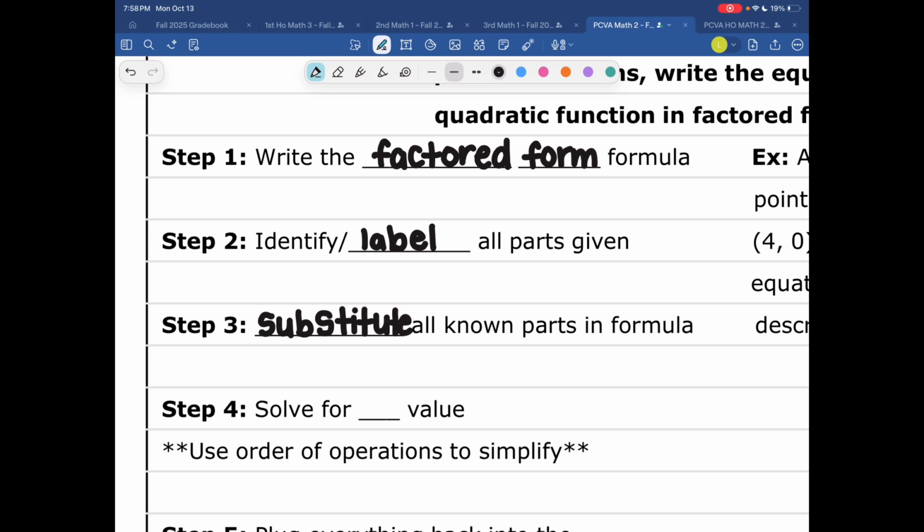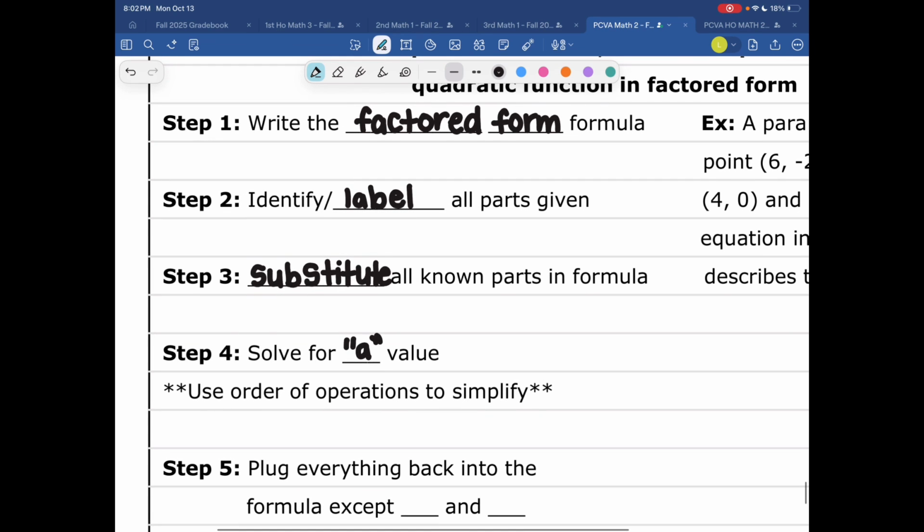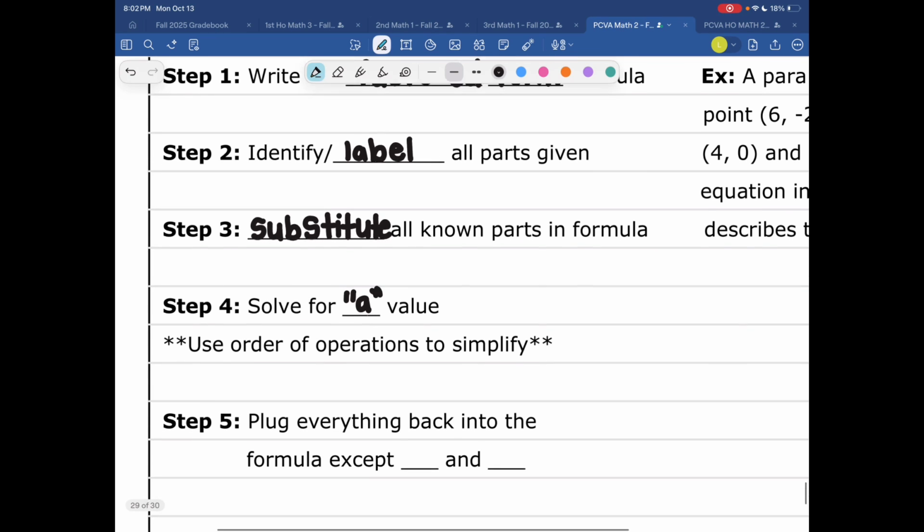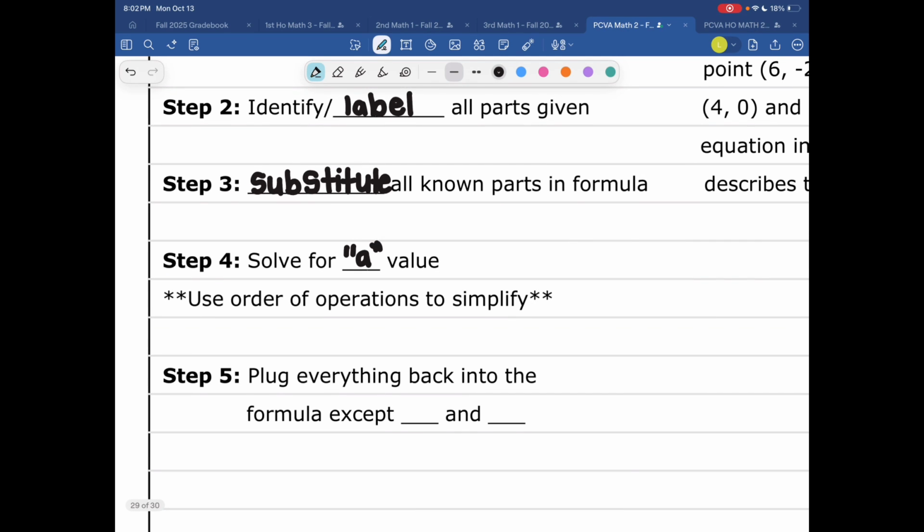After you substitute all of the parts, that's when you're going to solve for a, because that's what we'll be missing. Now, after we solve for a, we're going to substitute everything back into the formula except for the x and y from the original point that was given.